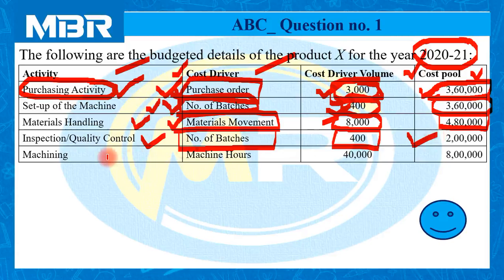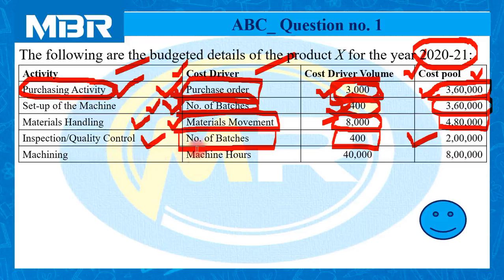Machining. All activities related to maintenance and overhauling of the machine. Machining is an activity. It may include many different activities or sub-activities.